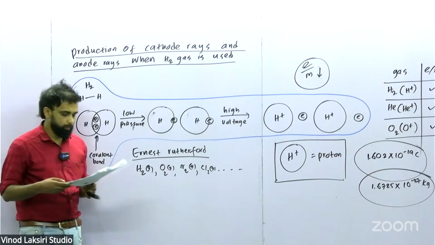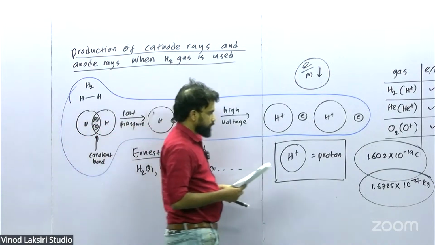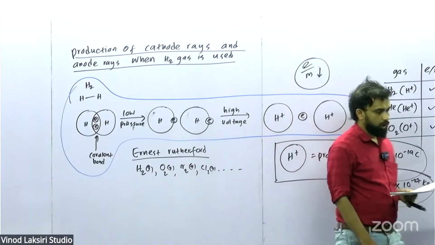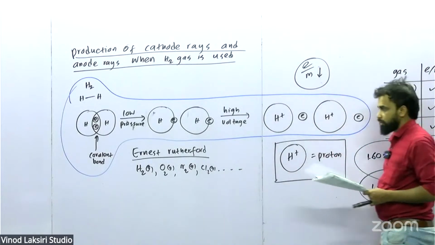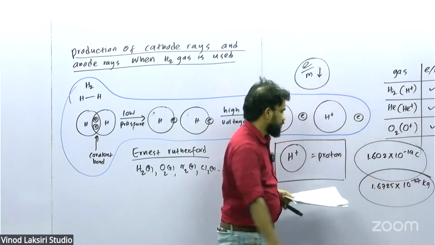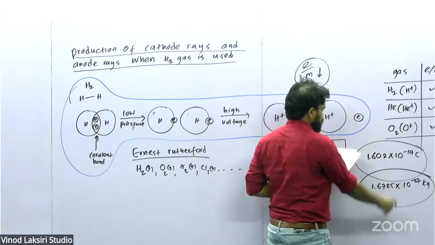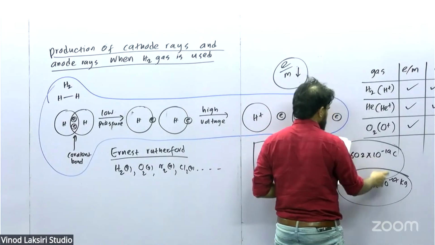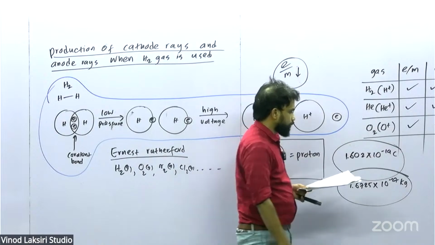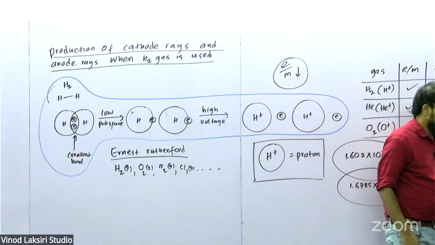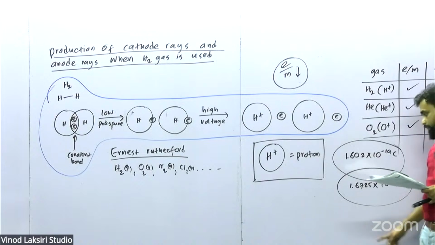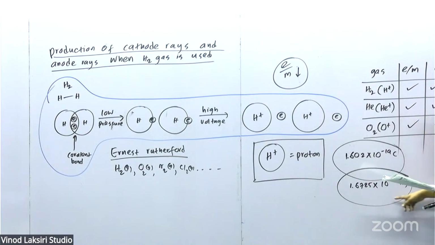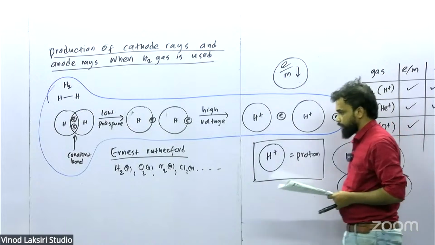Charge and mass of proton are 1.60 into 10 to the power minus 19 coulomb, and 1.6725 into 10 to the power minus 27 kilogram respectively.